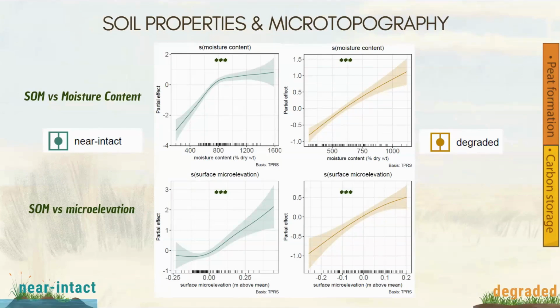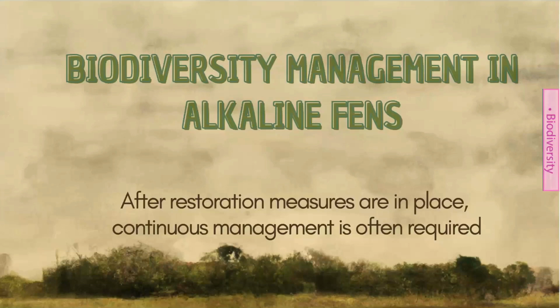And we think this is because it is indicative of the peat formation process. When the peat is forming and the formation process is higher, you have a buildup of peat from the top, and that is what leads to microtopographic formation. So higher areas represent areas of faster peat accumulation.